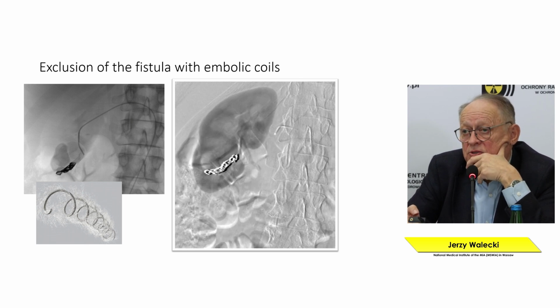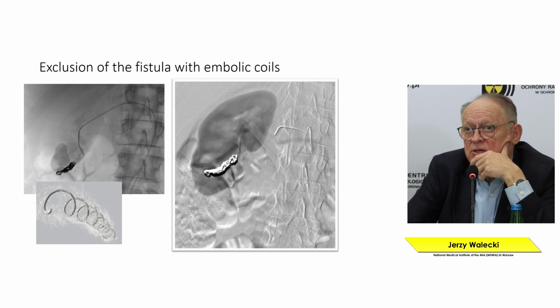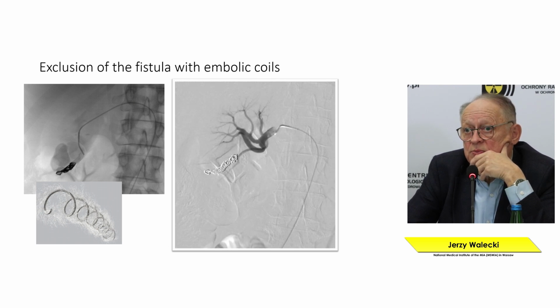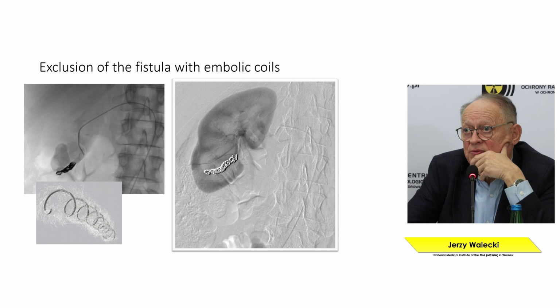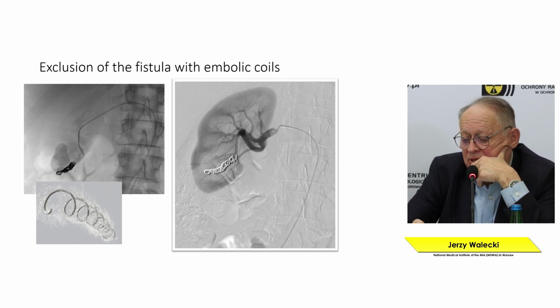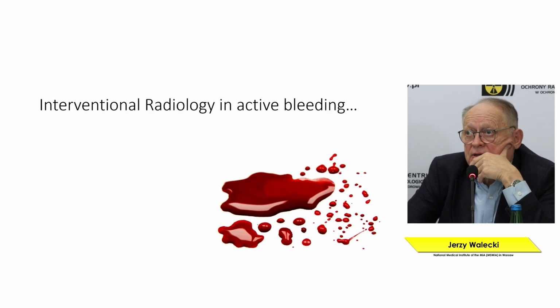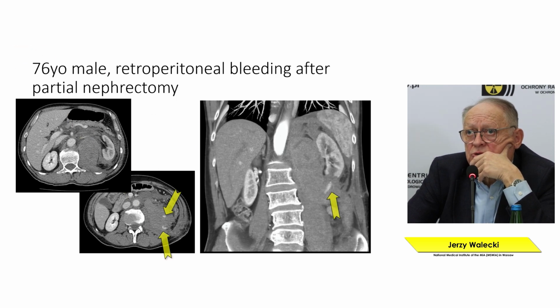Here you can see this effect. These are the coils introduced, and they closed this huge channel. These are the correct vessels, and you can see how that area looked before the treatment and after.